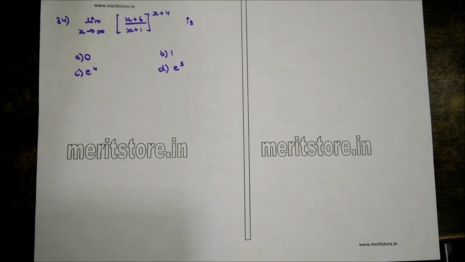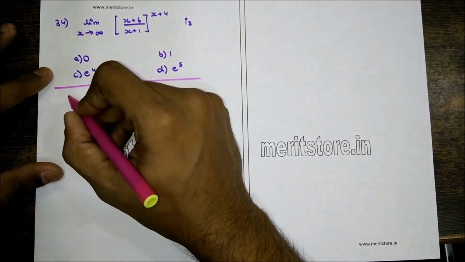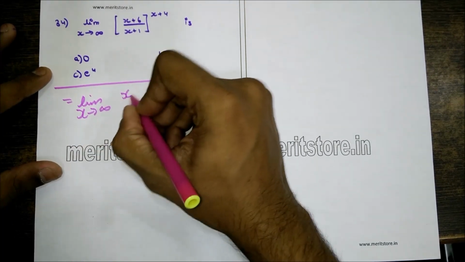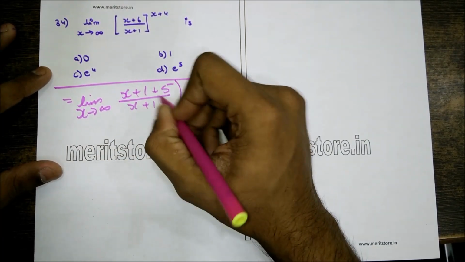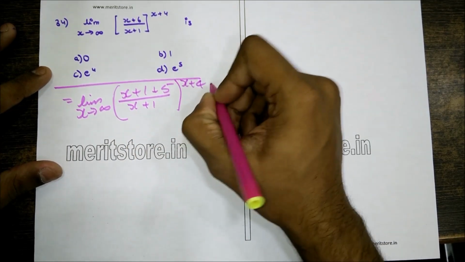Limit of x tends to infinity of x plus 6 upon x plus 1 raised to x plus 4 is: a) 0, b) 1, c) e raised to 4, or d) e raised to 5. So therefore we could write this as limit of x tends to infinity x plus 1 plus 5 upon x plus 1 raised to x plus 4.